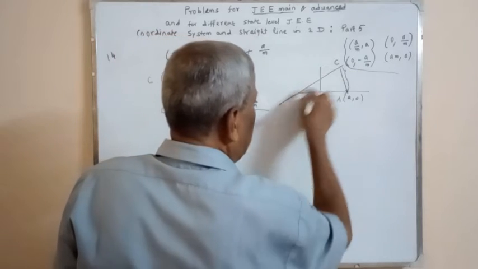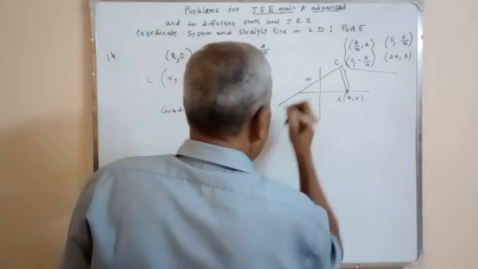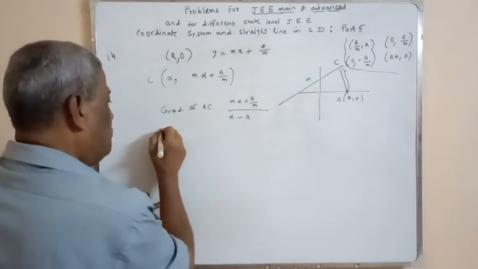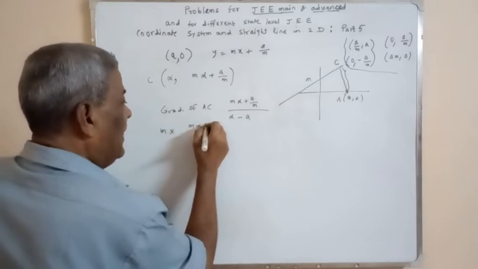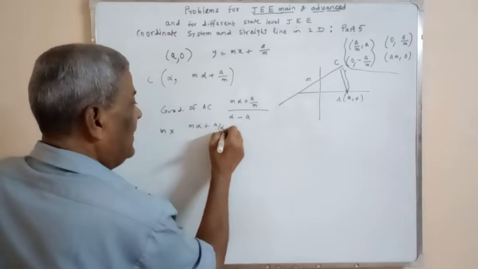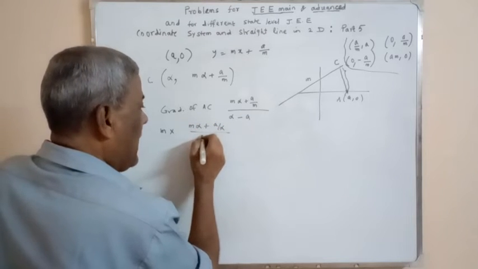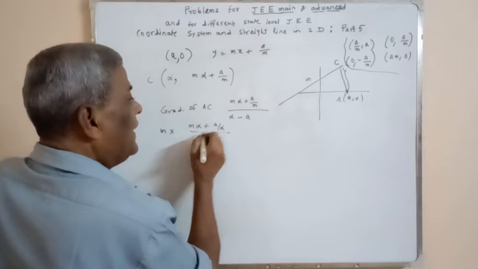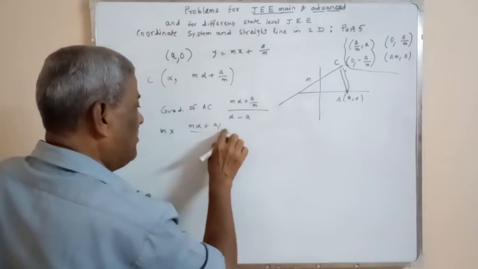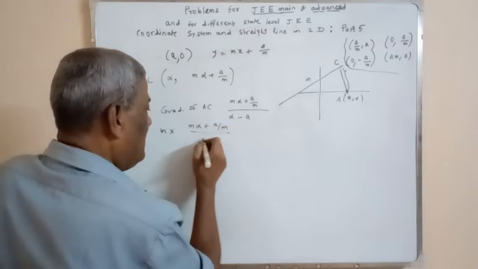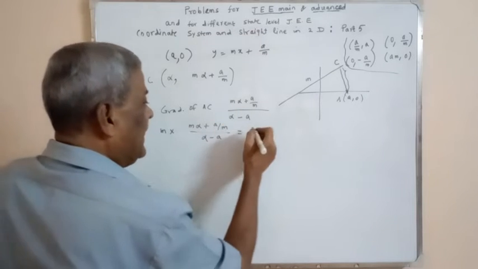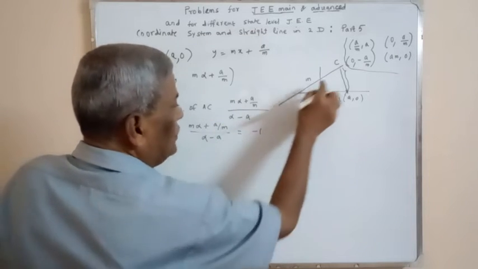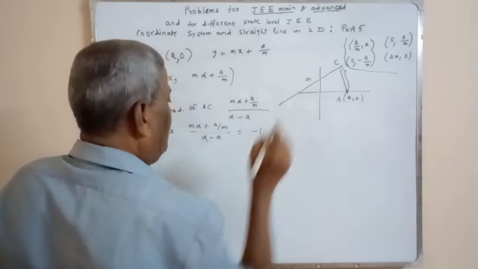Therefore, m into (m alpha plus a by m) divided by (alpha minus a). The product of the gradients is minus 1 because they are perpendicular.